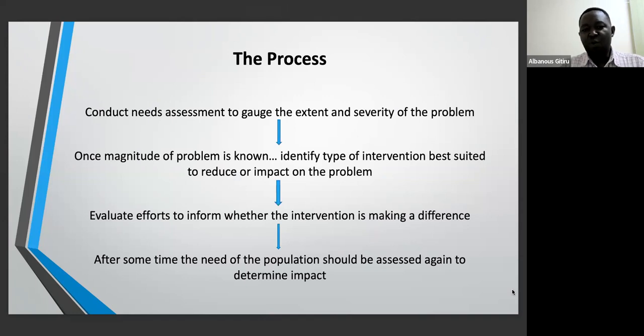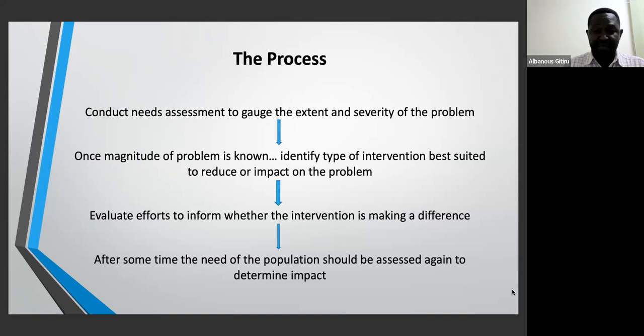Then from there, once you have the magnitude of the problem, identify the best intervention that is suited to give you the best impact. After that, you'll have to evaluate the efforts to inform whether the intervention is making a difference, the monitoring and evaluation component of project management.